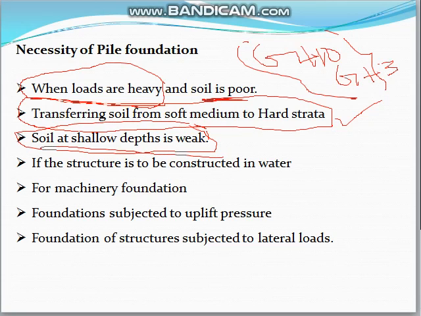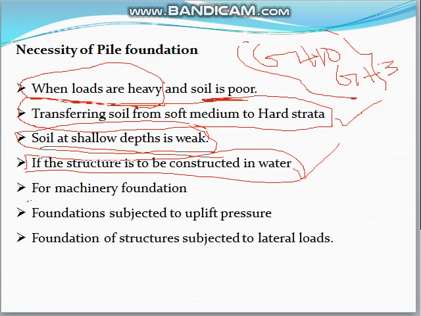Another thing, if the structure is to be constructed in water, generally bridges and elements like columns are constructed in water. In these particular cases the load will be more, so we have to go for pile foundation.